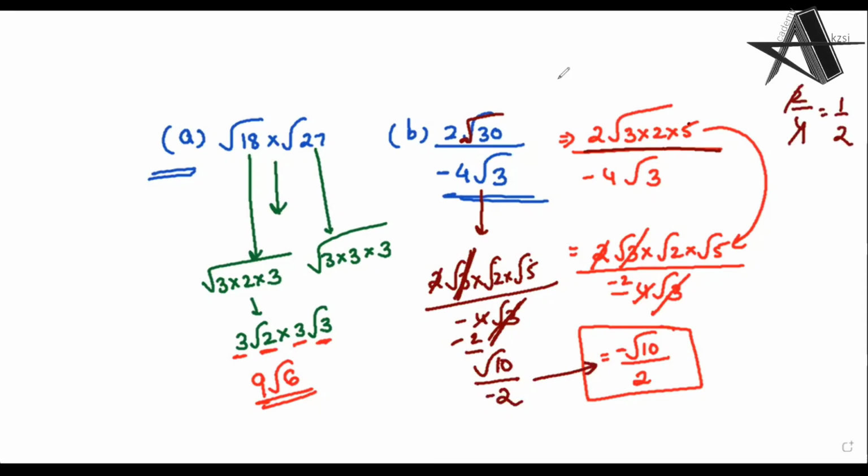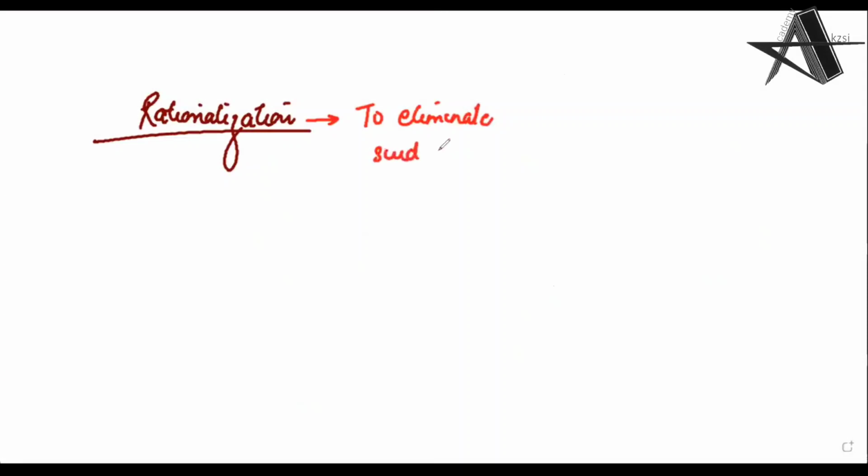Okay, now the next is rationalization. Now just pay attention to why we have to rationalize: because we don't want a surd number in the denominator, to eliminate the surd from the denominator.